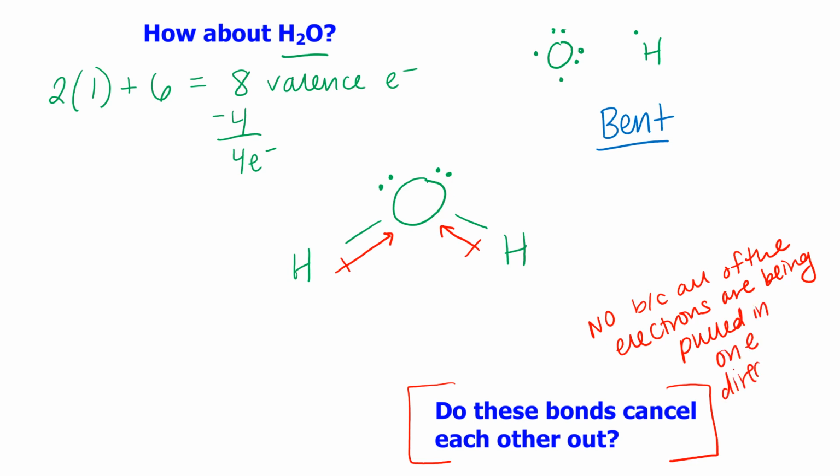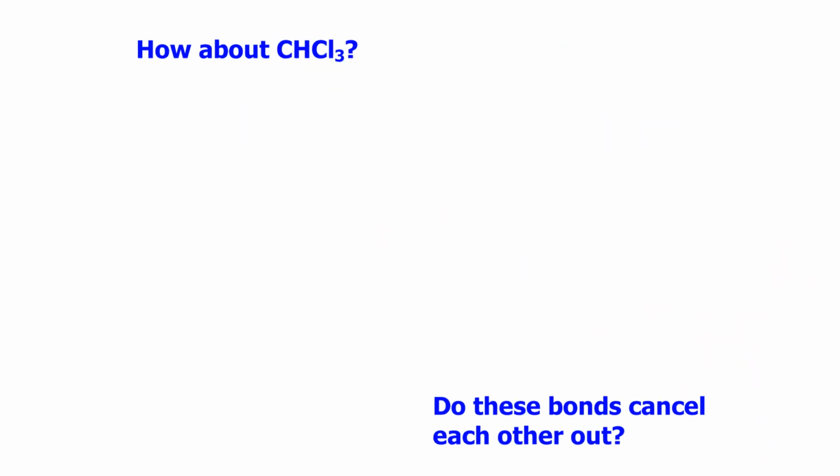And so if they're being pulled in one direction, and the bonds are not canceling out, we would have to say that this is going to be a polar molecule overall. Whereas the example before, where we were looking at our boron trifluoride, we would call that a non-polar molecule.